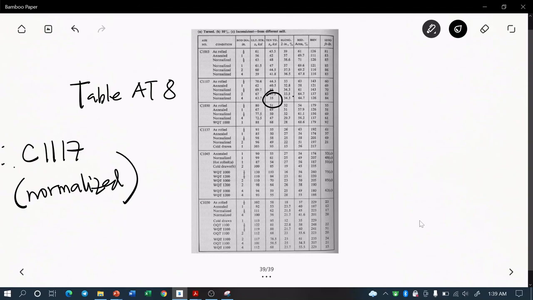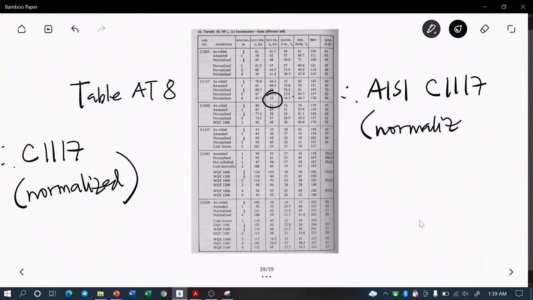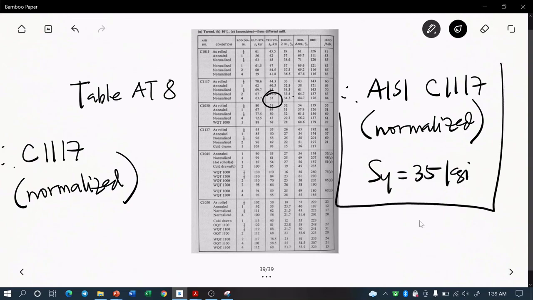So the steel that we're going to select for this problem is AISI C1117 normalized steel with S sub y equal to 35 KSI.